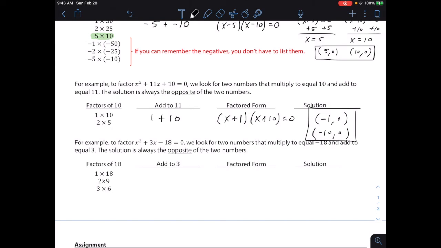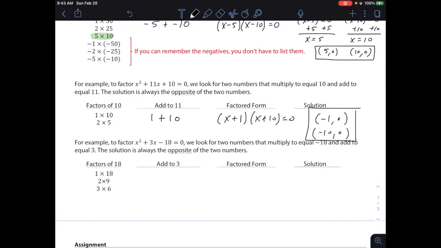All right, another one. X squared plus 3x minus 18 equals 0. So this is one where we have a minus 18, so it's negative. So we've got to remember negatives here. And so in this case, instead of looking for something that adds to the number 3, we're going to have to look at something that has a difference of 3. And we can see the 3 times 6 has a difference of 3.